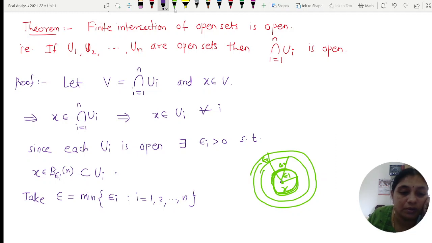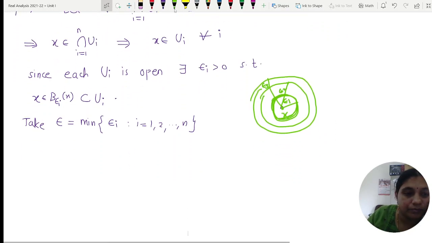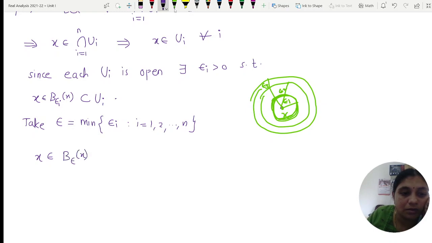Then what can I say? Then this x belongs to B epsilon of x also, which is contained in Ui for all i.